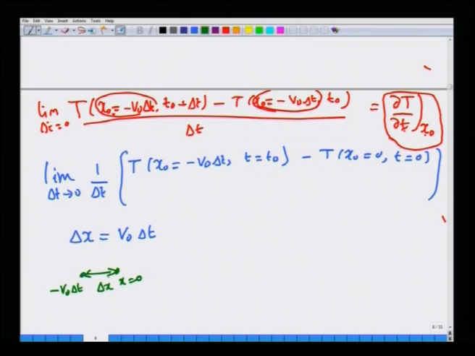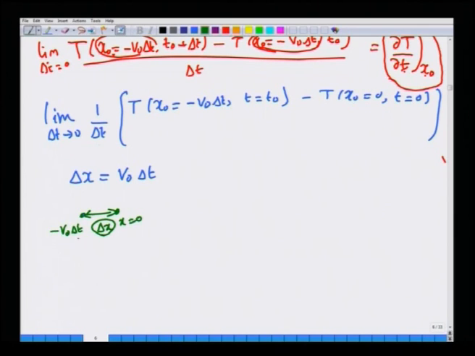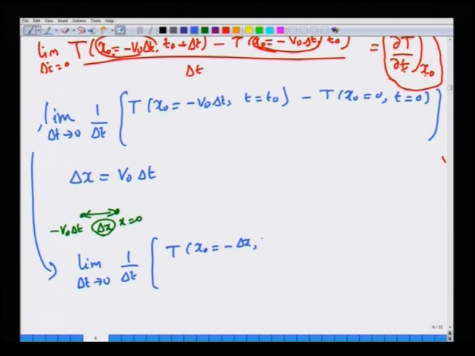So, the separating distance is v 0 delta t. So, we can write this as 1 over delta t, T at x naught is minus delta x, t 0, minus T at x naught is 0.